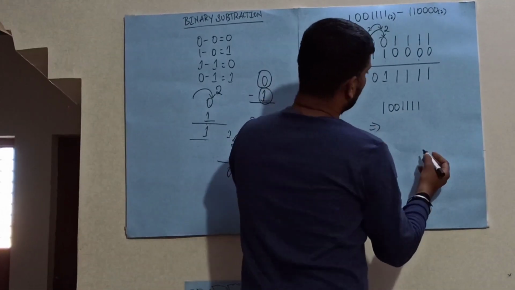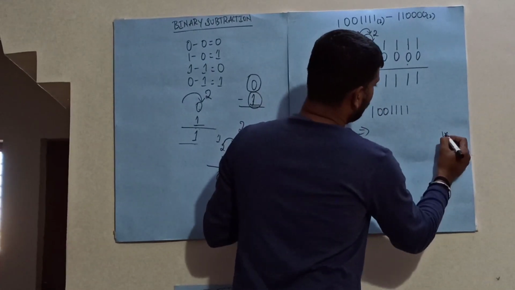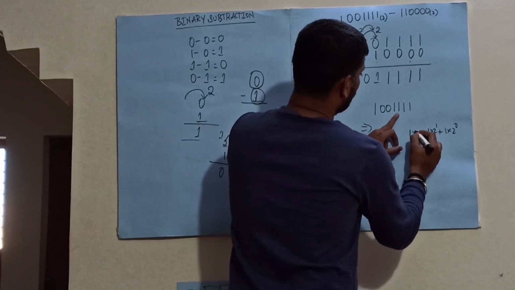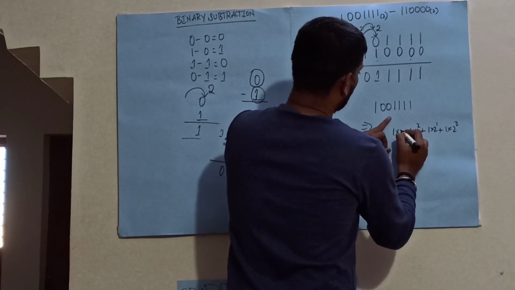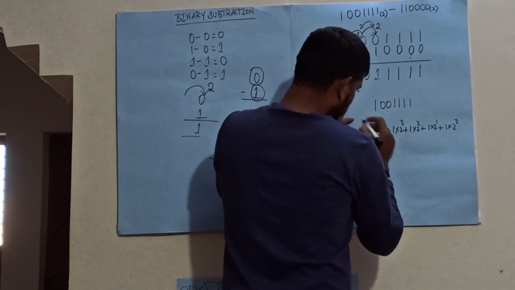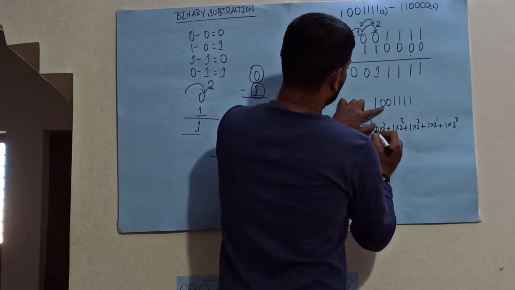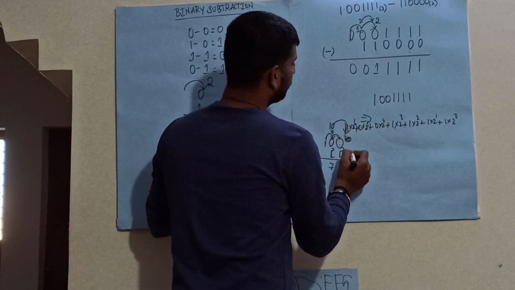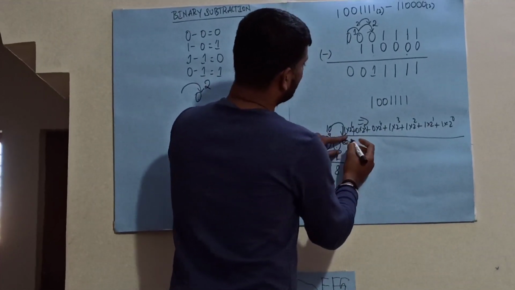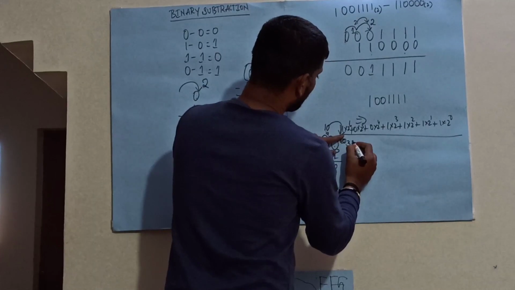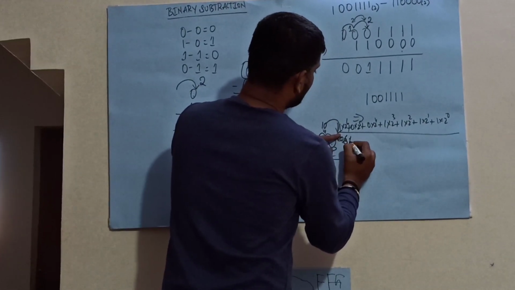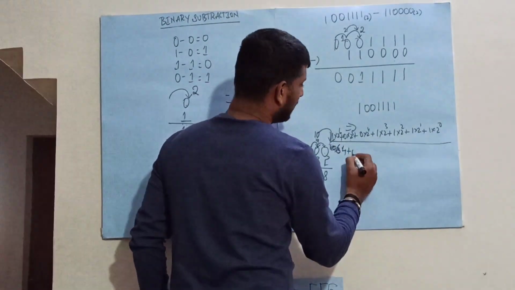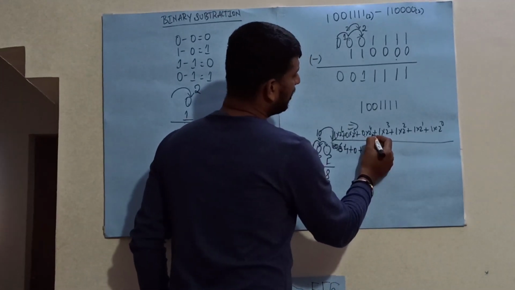I have to convert it to the decimal value. 1 into 2 to the power of 0 plus 1 into 2 to the power of 1 plus 1 into 2 to the power of 2 plus 1 into 2 to the power of 3 plus 0 into 2 to the power of 4 plus 0 into 2 to the power of 5 plus 1 into 2 to the power of 6. Sorry, 2 to the power of 6 is nothing but 64. Anything that is multiplied with 0 is nothing but 0.